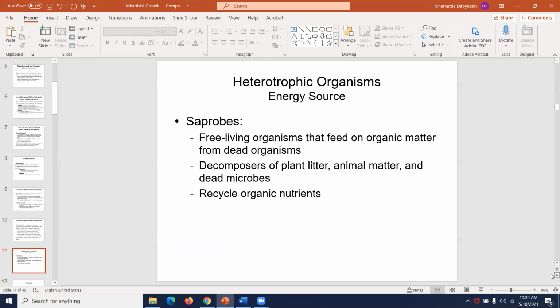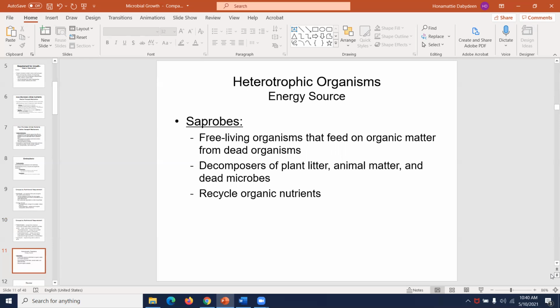And then there are the saprobes, or the saprophytic organisms. These are also heterotrophic, but they derive their food source from dead, decaying matter. They're able to produce hydrolytic enzymes, or lytic enzymes, that will dissolve large macromolecules into very small ones, and they can bring that into their cell and use it as a source of energy.